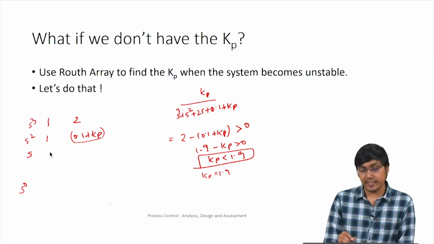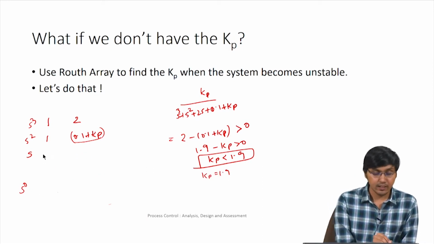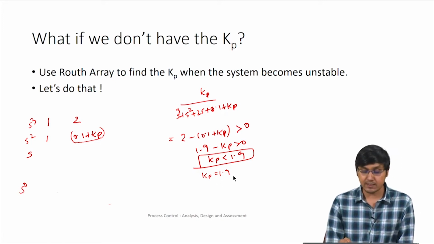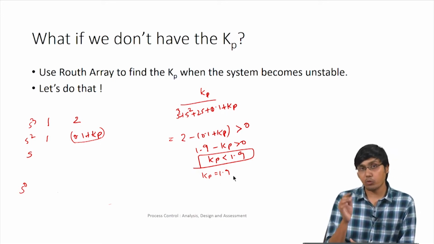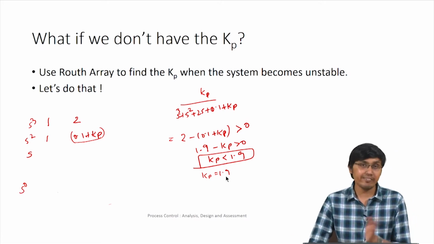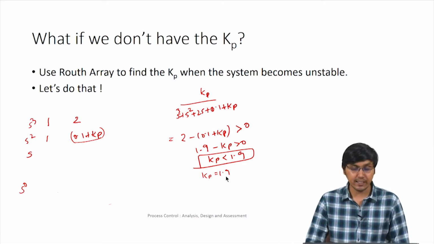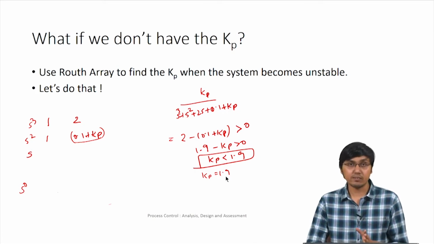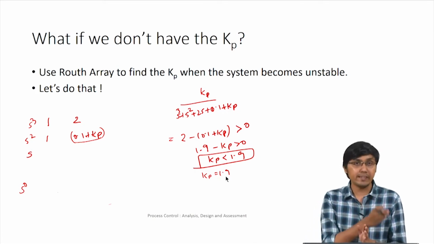So when Kp is equal to 1.9, what basically happens is we will see that the poles are on the imaginary axis, and we will see that a little later also. So now we have found the value of Kp when the system will go from being stable to unstable.